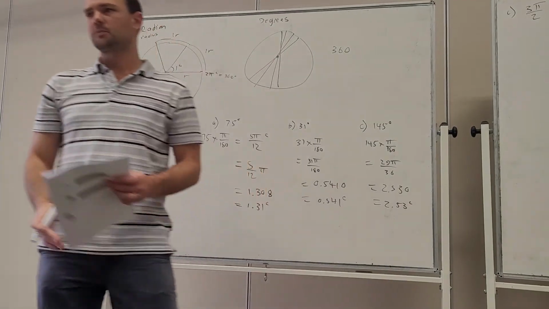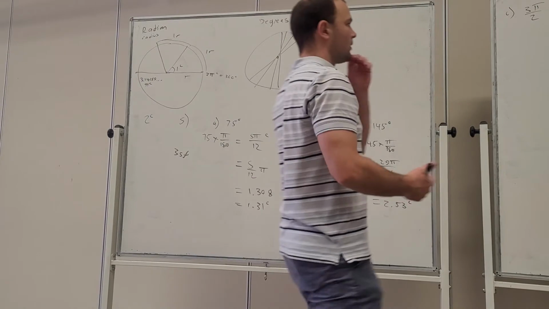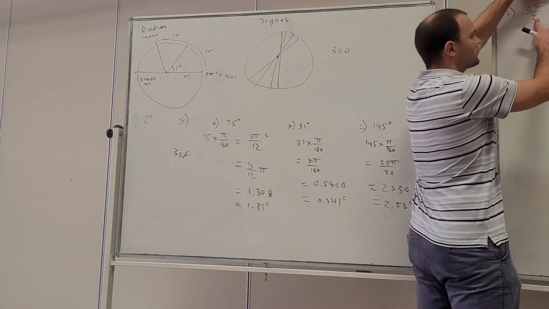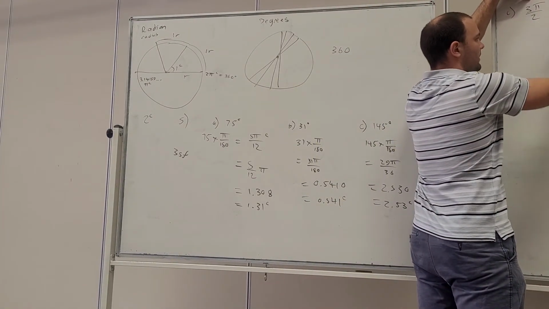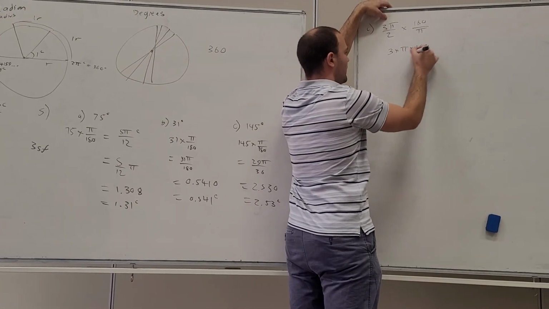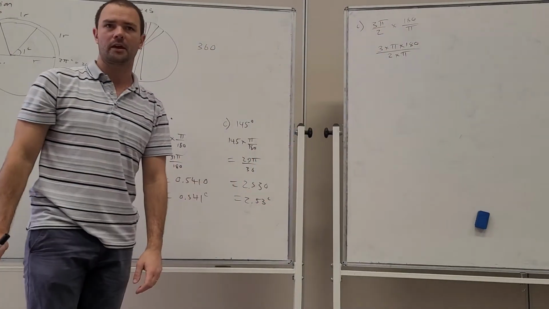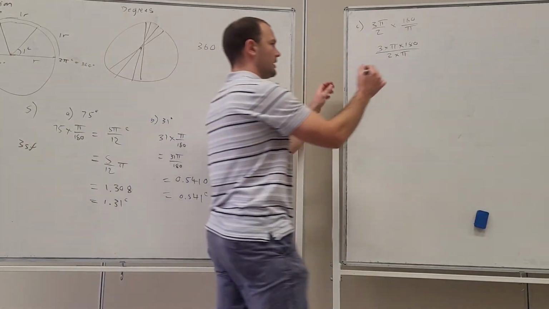So I might just break this one down in terms of how you could do it without your calculator, right? When we're multiplying 2 fractions, it's always the top times the top and the bottom times the bottom. So what we've got is 3 times pi times 180 at the top and 2 times pi at the bottom. Okay? Pi at the top and pi at the bottom can cancel.